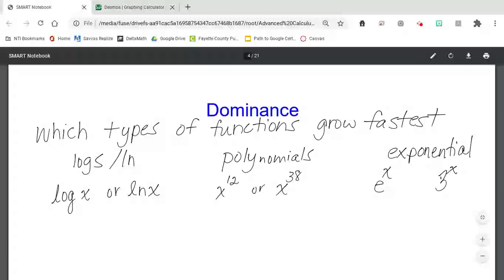So the case that we have here, the second case, deals with if the denominator and the numerator are growing at the same rate, then you're going to look at the ratio of the most dominant terms.